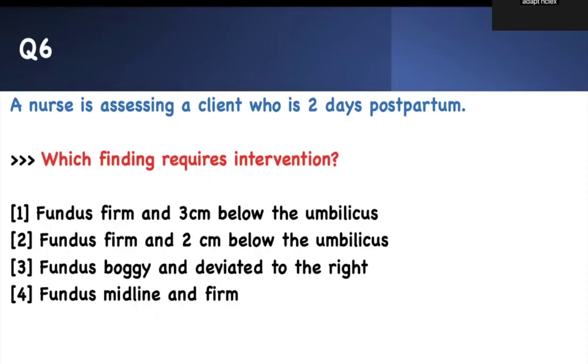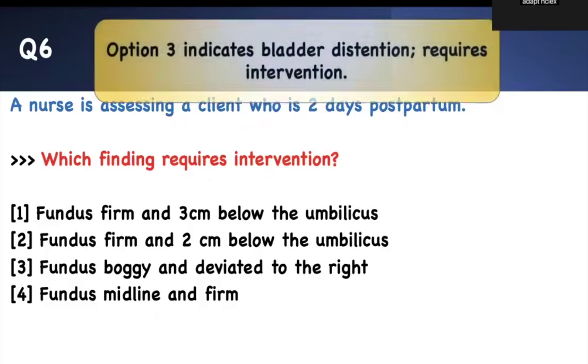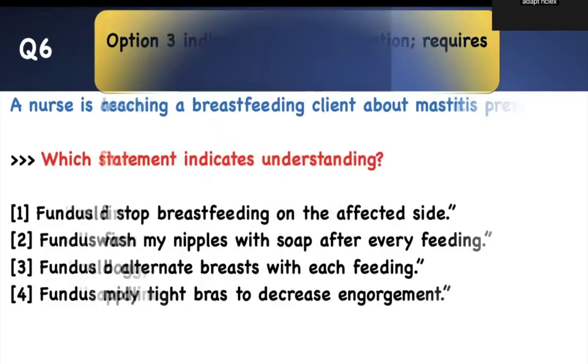It's a good thing. 1 and 2 are saying the same thing. The uterus is going down and is firm. If it goes down faster, it's good. Fundus is boggy and deviated. It's not firm, and it's deviated. Bad problem. Number 3 is your right answer.